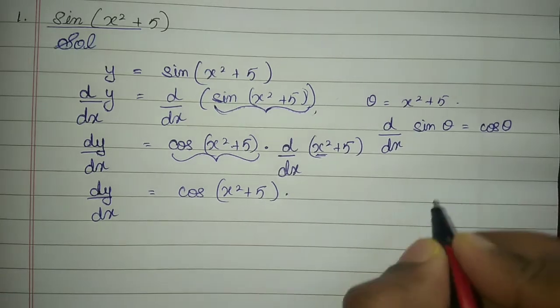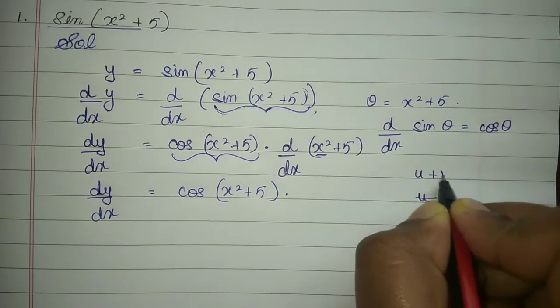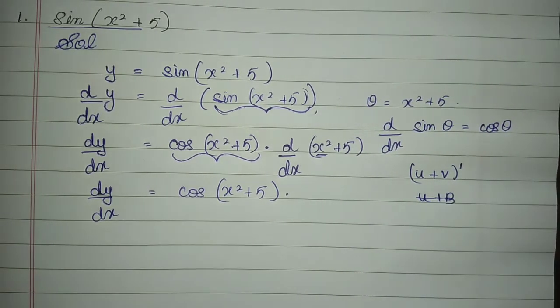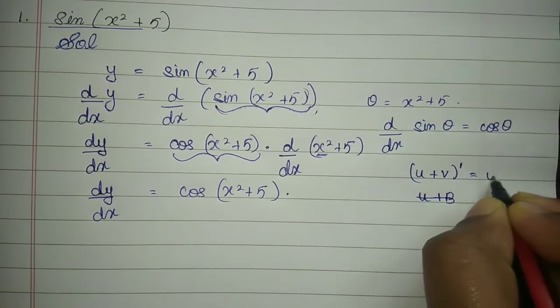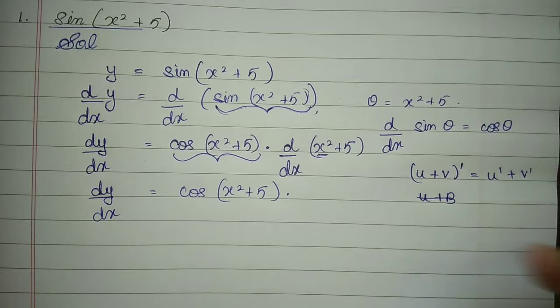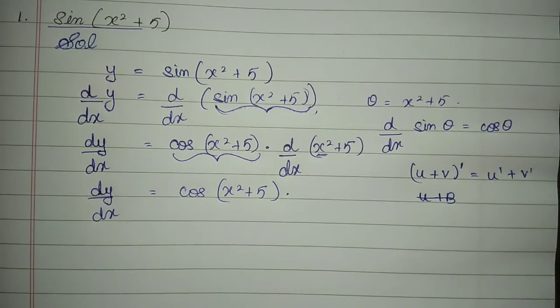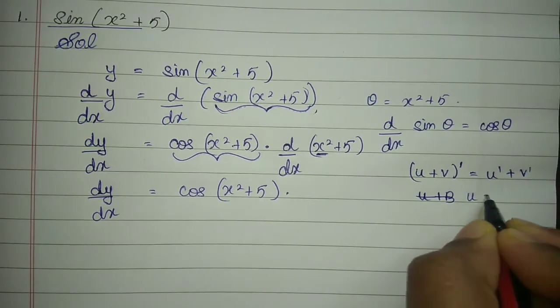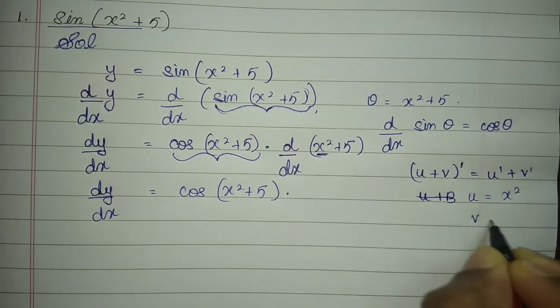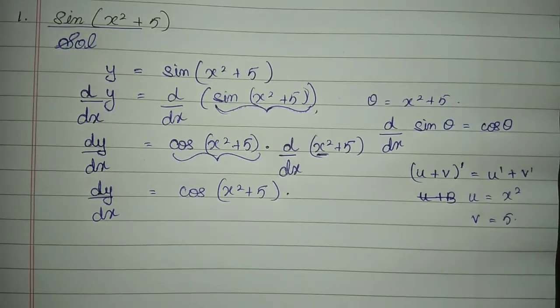Now we will be using the u plus v whole dash, that is d by dx of u plus v is equal to u dash plus v dash. Here u is equal to x square and v is equal to 5.